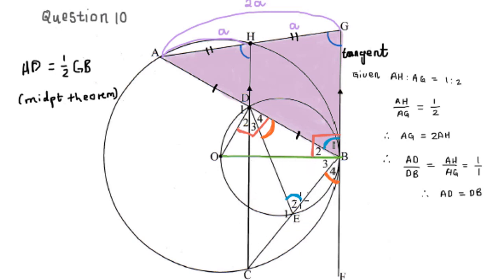Here we can most definitely use alternate angles. If you go this way and come back down, angle B4 also connects to this angle down here, angle C, by alternate angles.